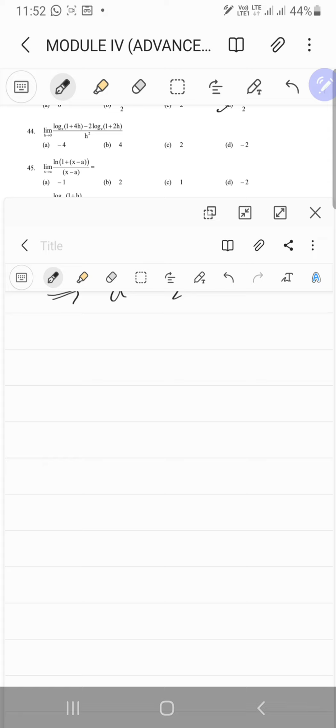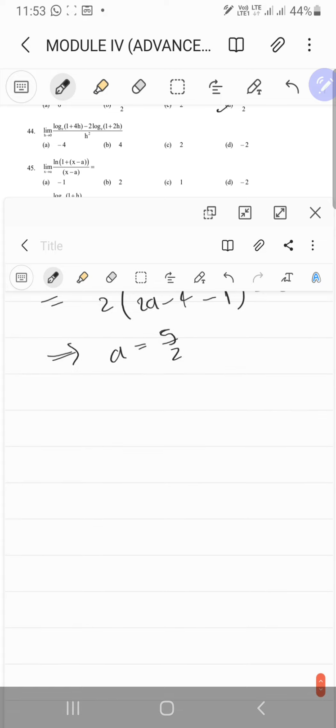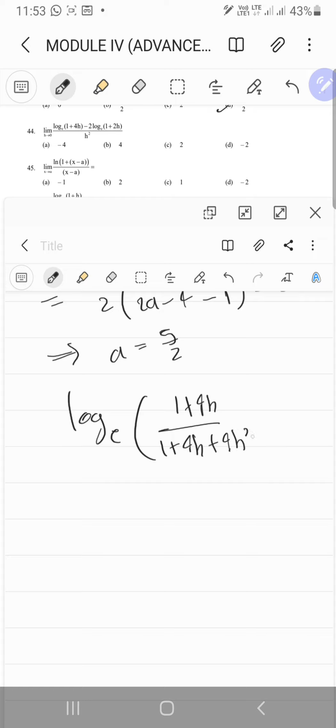Upon h squared, isn't it? I think. Oh, it's a 2 over there. It's really weird. So now we're talking about squares and everything. Okay, fine. So this is going to be log base e of 1 plus 4h upon 1 plus 4h plus 4h squared. Okay, I think this is somewhat doable, right? And all of that raised to the 1 upon h squared power.